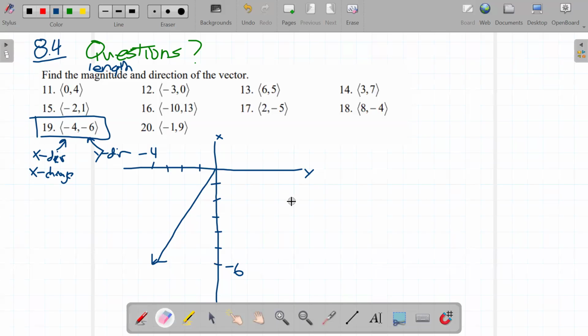So usually when we talk about magnitude, we talk about length. So I want to use the Pythagorean theorem to figure out the length of that vector there. And as far as direction, we typically use the standard means of direction from the beginning of trigonometry, which is from the positive x-axis, we measure counterclockwise. So that's what we're going to figure out for direction there.